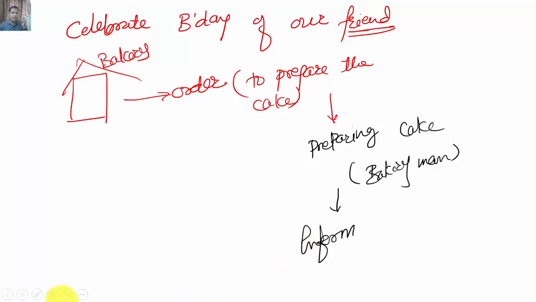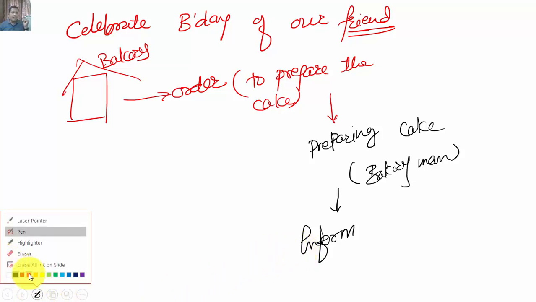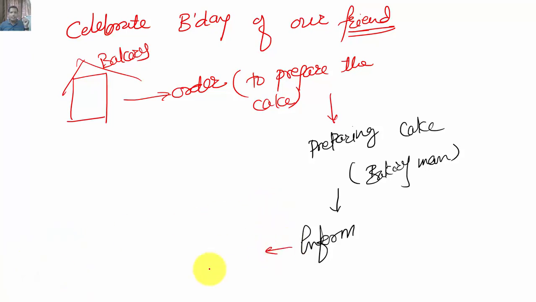Once we get this information, we visit the bakery again and pay the amount. Okay, visit the bakery, pay the amount, and just collect the cake. Right. So this is the simple scenario, the steps we follow when we purchase a cake to celebrate a birthday.